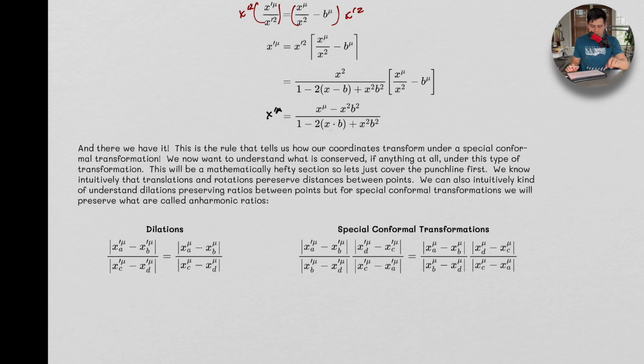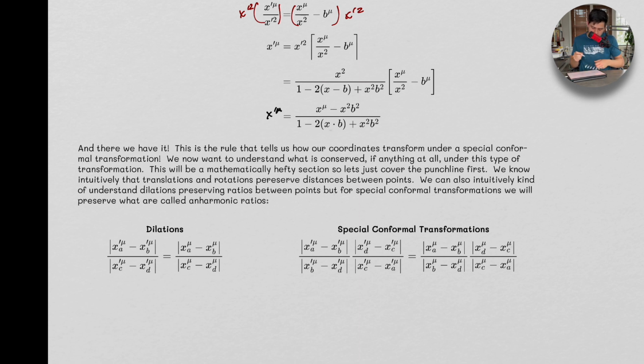Okay, so this is going to be a mathematically very hefty section. So I'm going to give you this. This is the punchline. The punchline, if you don't want to do the math here, you can stop here. The rest is going to be for those of you who contribute to the channel and who want to understand the details here.